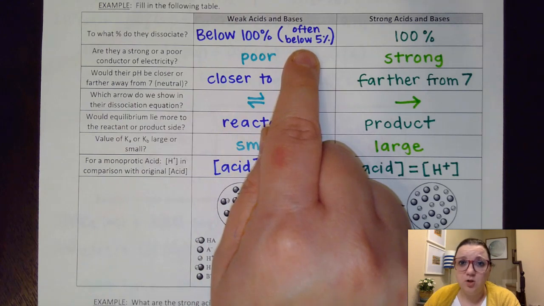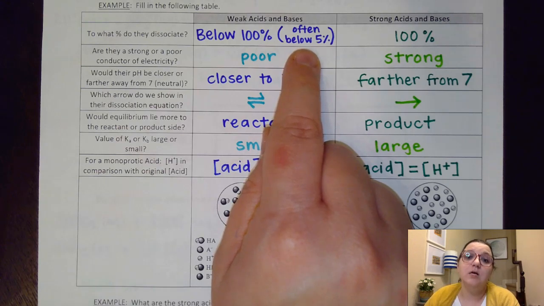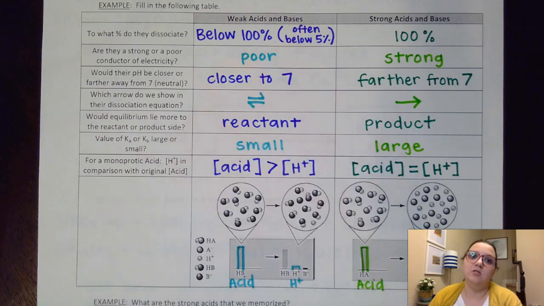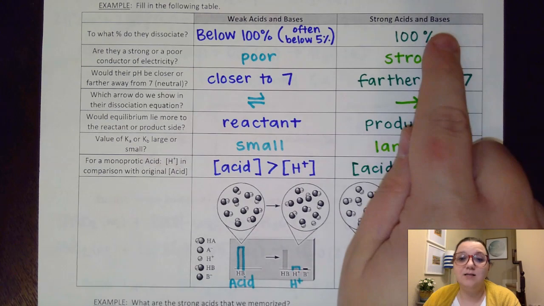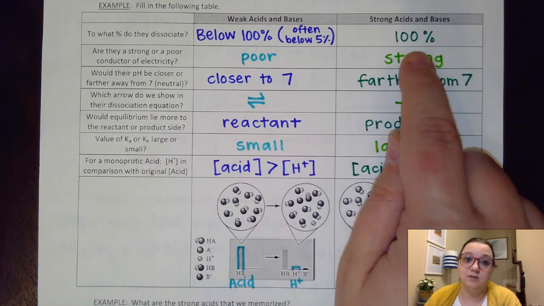Very little of it actually splits up into ions. So we are going to have to use equilibrium constants to do these calculations, and one of the calculations we'll perform is figuring out that exact percentage to which it dissociates. However, a strong acid and base 100% dissociates. Everything's going to split up into ions.